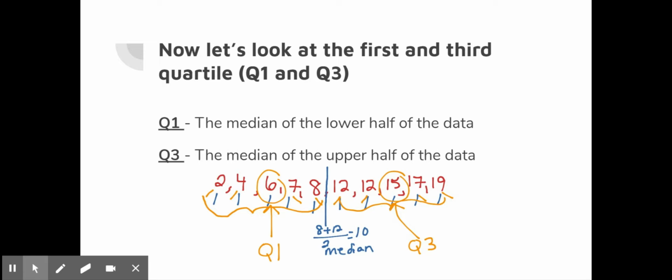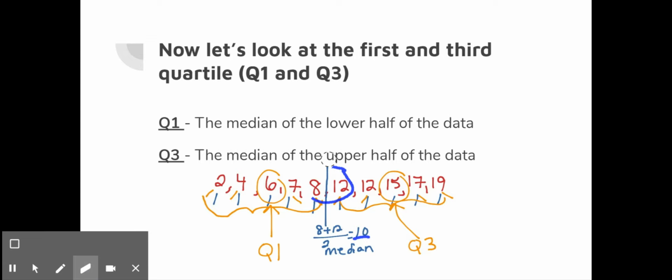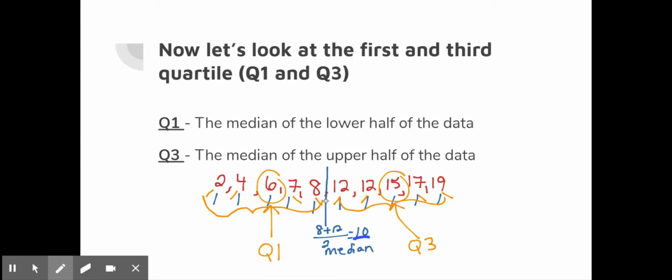So we can see an example here, and in our example, we had to find the median first. When they found the median, they got these 2 numbers in the middle, and that's fine. They just had to find the average of these 2 numbers, and that's how they said that the median was 10. But then they had to divide it in half, and they looked at the lower half and the upper half. In the lower half, luckily, it's already listed from least to greatest because you had to find your median in the first place.